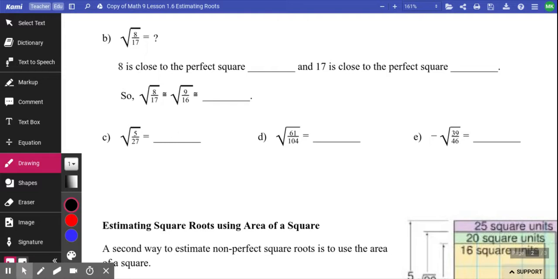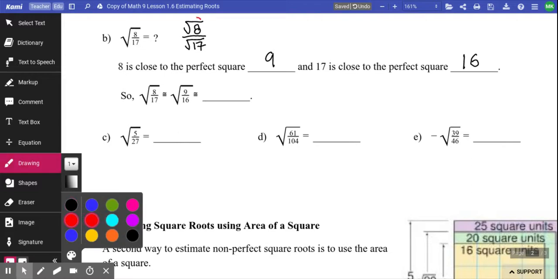So if you look at the next one, we have root 8 divided by root 17. The way we tackle that is we break it into two. We're going to have root 8 divided by root 17. 8 is really close to 9. 17 is really close to 16. Therefore, their square roots should be really close as well. So root 8, I'm going to say is 2.8.